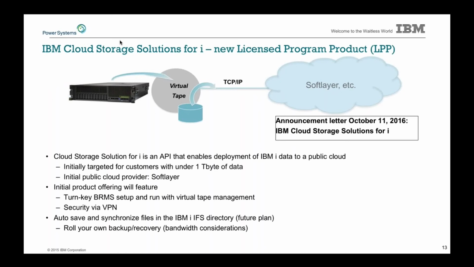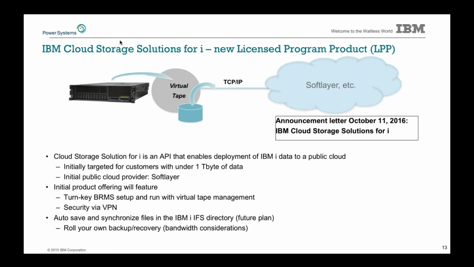So this new LPP, like I said, was announced yesterday. It'll be GA'd November 11th is the current target for the GA for this. And the idea is we're providing an API that enables the deployment of IBM i data to a public cloud.